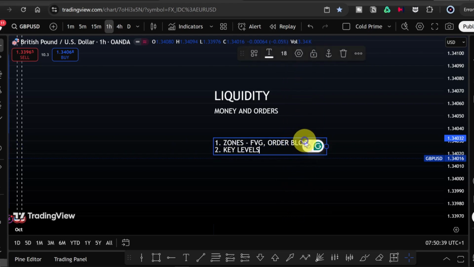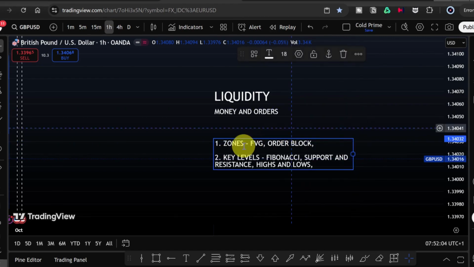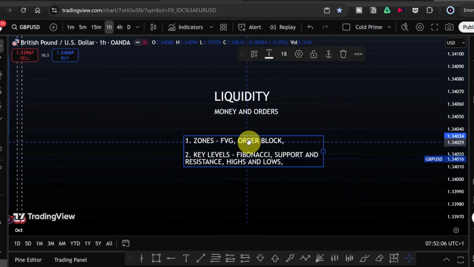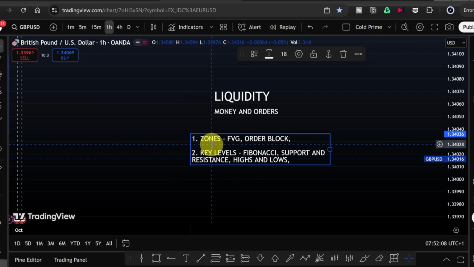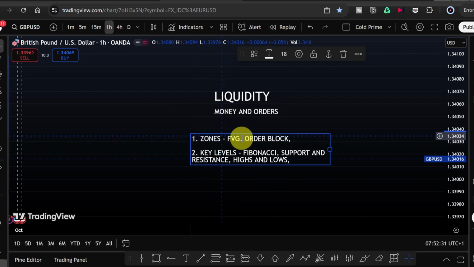So these are the zones or levels where we most likely find liquidity, right? So we see liquidity at zones or key levels, and people with their years of research and analysis have found that market moves from zones and key levels.